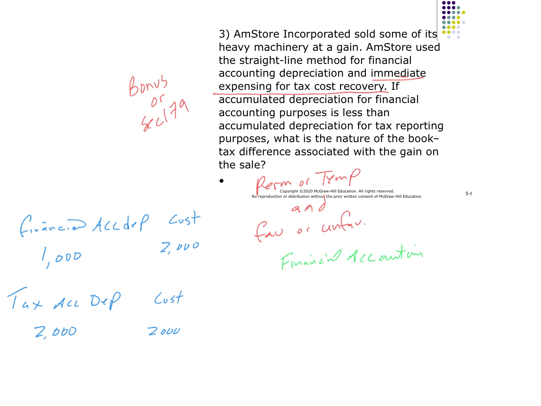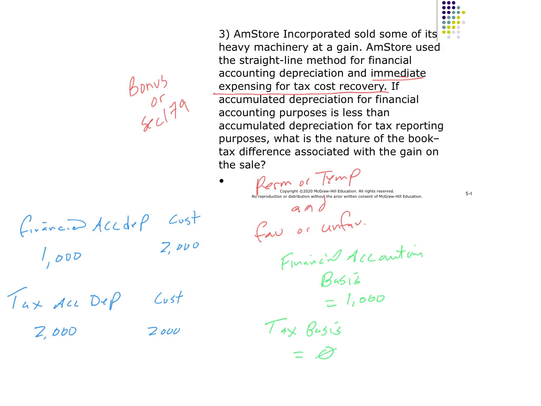Our financial accounting basis: if our accumulated depreciation was 1,000 and our cost was 2,000, then our financial accounting basis is 1,000. And our tax basis, well, we know that we immediately expensed the asset. Our cost was $2,000 and our tax accumulated depreciation was $2,000. So our tax basis is 0.